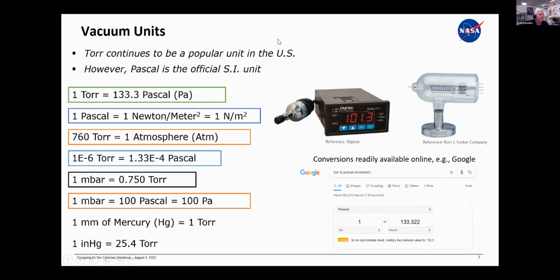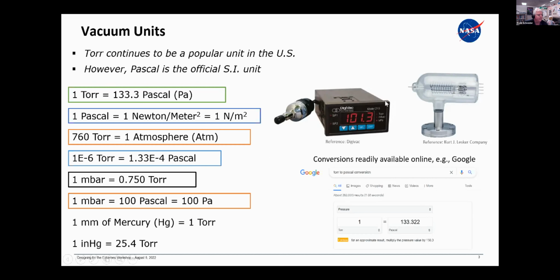Torr, T-O-R-R, continues to be a popular unit in the US. However, it is not the official SI unit. That is the Pascal. I have some conversions for you to see here. Let's start with 1 torr is 133 pascals.